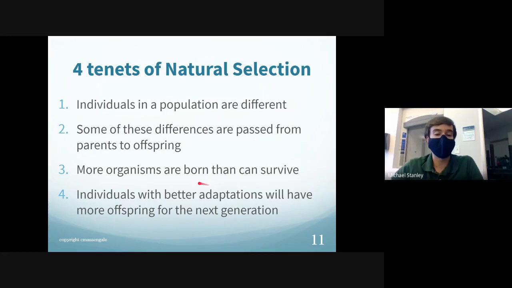But the ones that do make it are going to have the better adaptations and have more offspring in the next generation. And so the more that the best organisms survive and reproduce, their traits are the ones that get passed down. Eventually, over millions of years, you could entirely change what a species looks like based on the traits that are the best for their environment. And that's the main principle of natural selection.